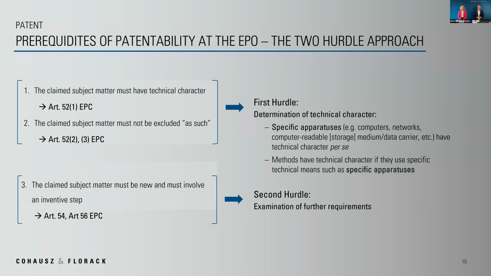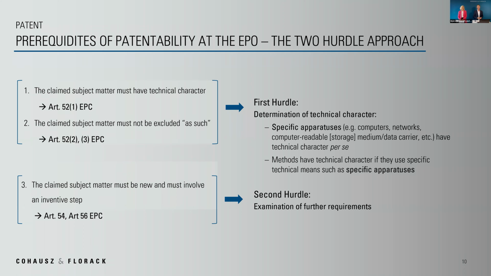And then in Europe, the second hurdle is the examination of the further requirements, which are novelty and inventive step. This is a little bit different here with regard to computer-implemented inventions in comparison to German patent law. In Germany, you have another hurdle introduced, which is that you need technical means for solving a technical problem, which is the question to be answered here.